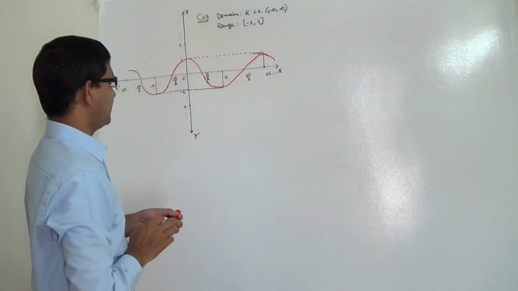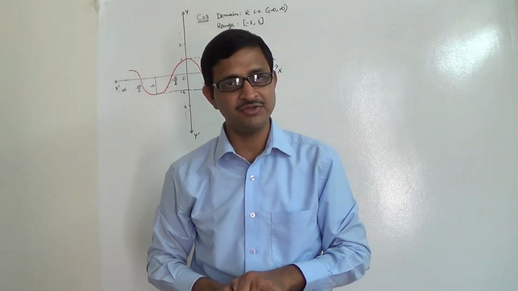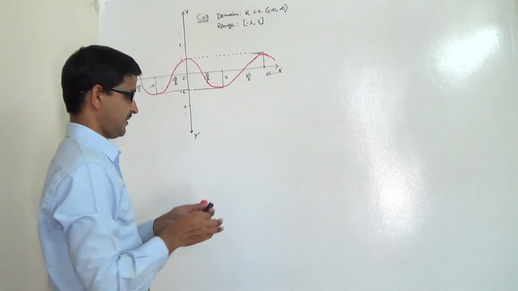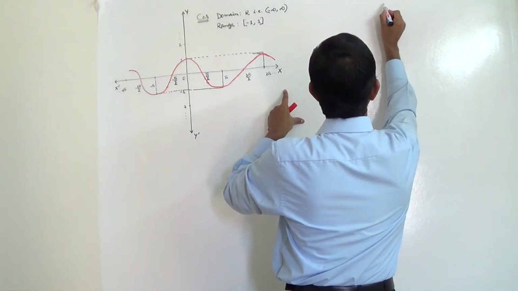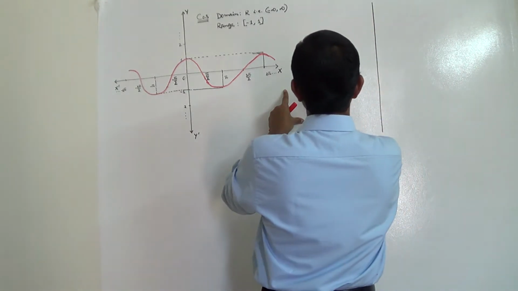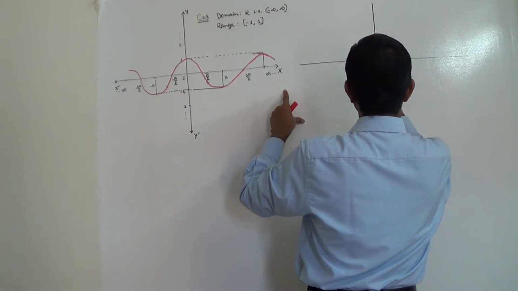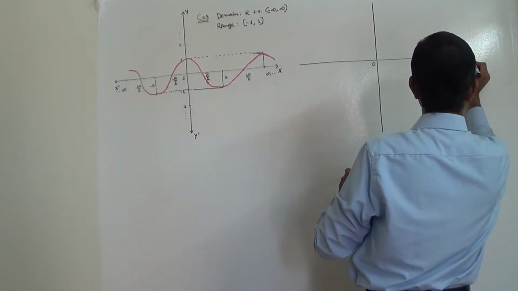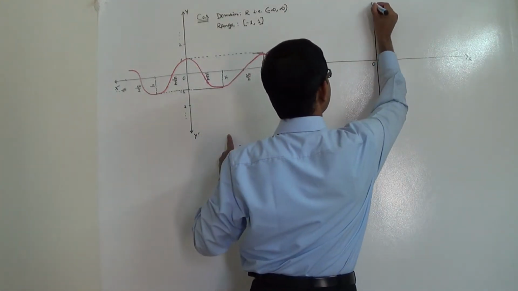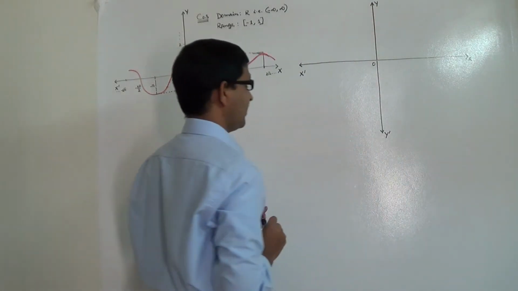Clear? Good. Now let's discuss the graphical representation, domain and range of the reciprocal of cos, which is sec. Let's see how it looks. So this is the origin, this is the positive direction of the x-axis, this is the negative direction of the x-axis, this is the positive direction of the y-axis, this is the negative direction of the y-axis.